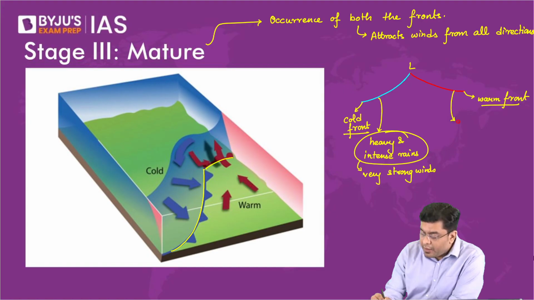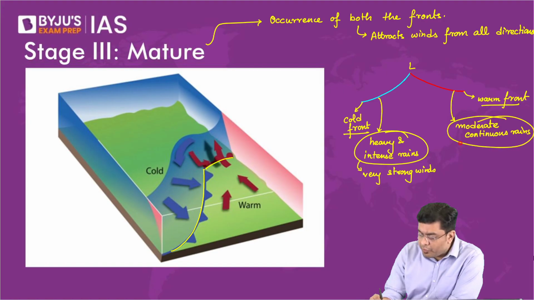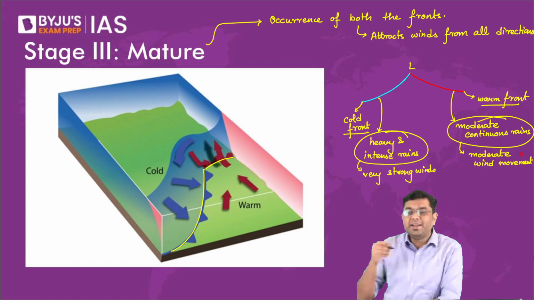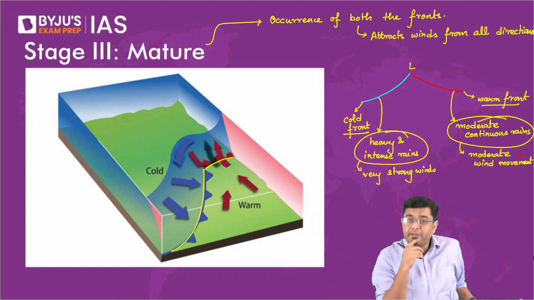And here you will have moderate continuous rainfall, associated wind movement will also be there, moderate wind movement. So in this entire region, a circulation will develop.